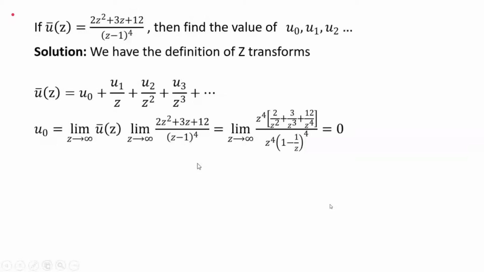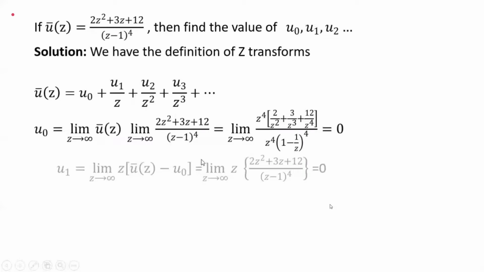Now let us calculate u1. How do I get u1? I will shift this u naught to the left, so u bar of z minus u naught. Then I will shift this z also to the left, so it is z into (u bar of z minus u naught). Now if I let z tend to infinity, can you see that all other terms will vanish?